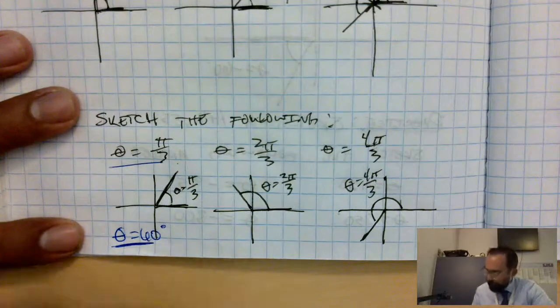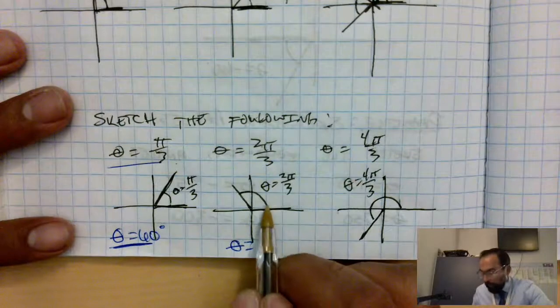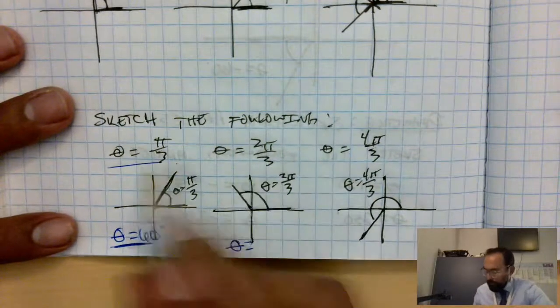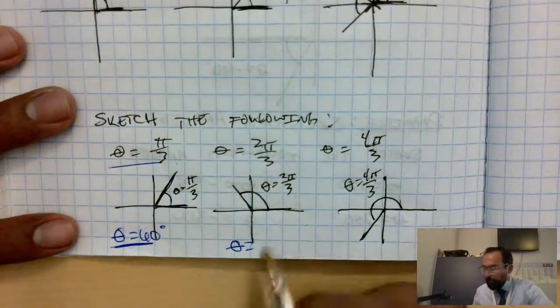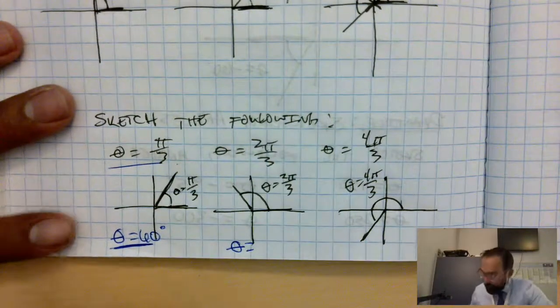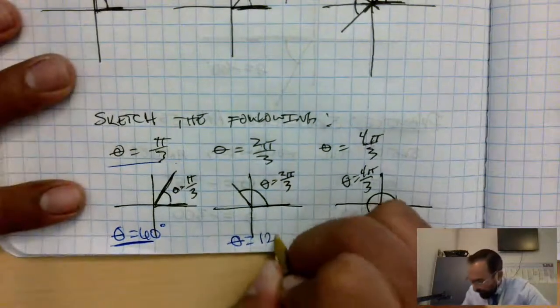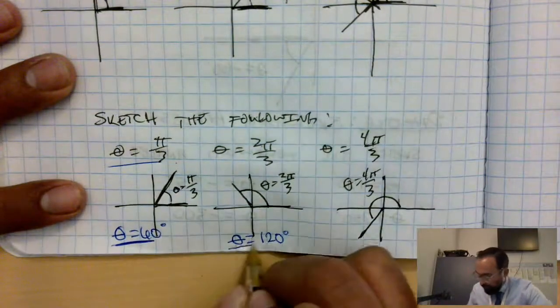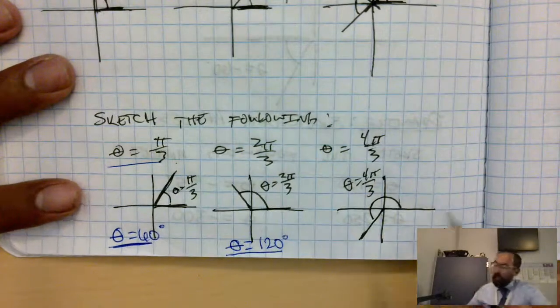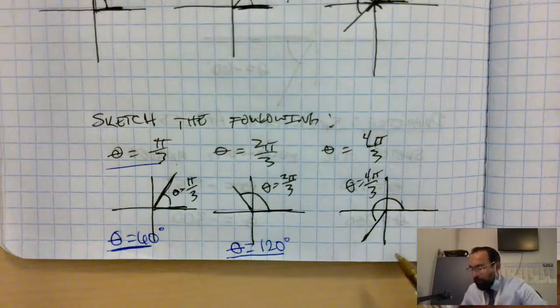Alright? So again, now we can say, well, this was 2 of those sections. We know pi thirds is 60 degrees, so 2 of those sections would be doubling that 60 degrees, which gives me 120 degrees. That will be that section. And then lastly, this is going to be 4 of those sections.